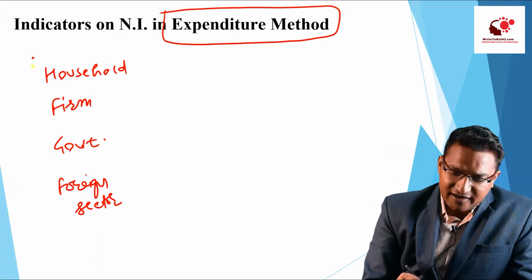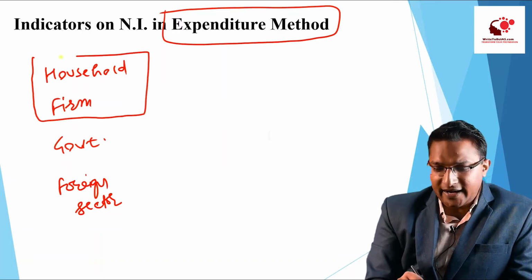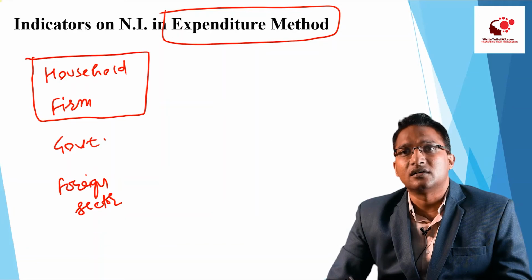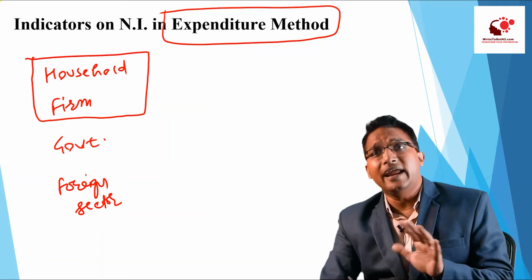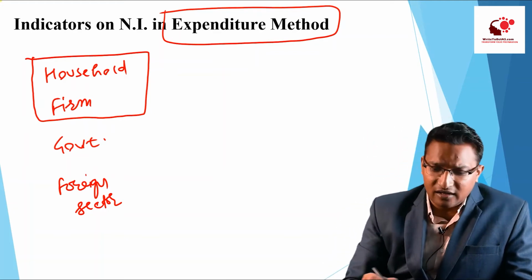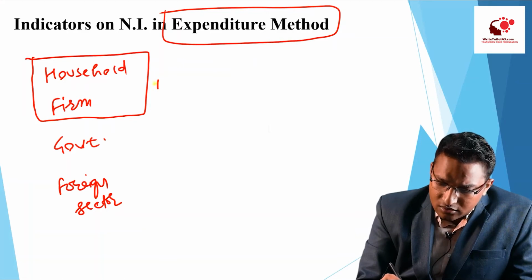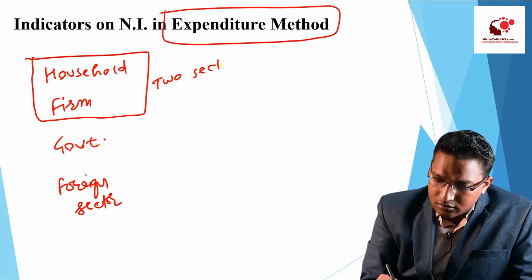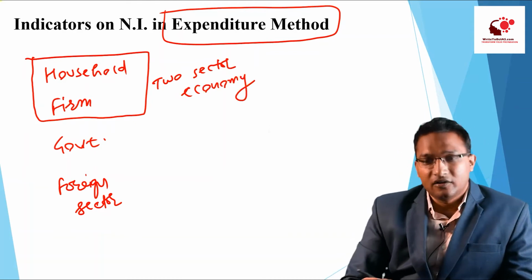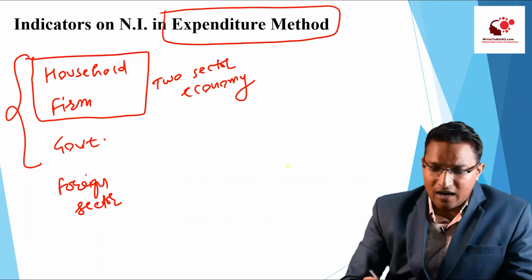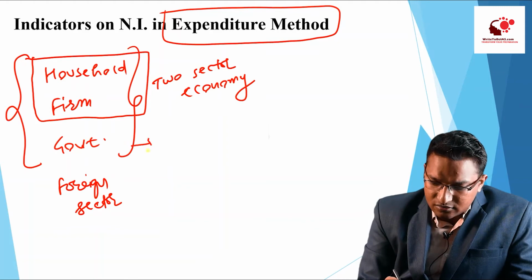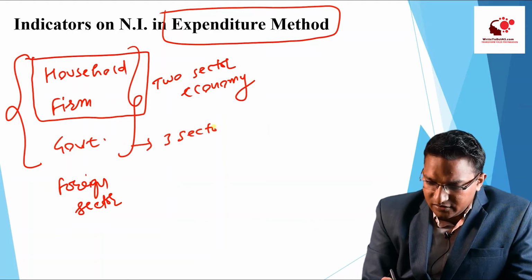When we see the economy only from the perspective of household and the firm, that is, we are actually calculating the income from just two perspectives, the income of household and firm. This is called two-sector economy. When we consider the government also, apart from household and firm, then this is called three-sector economy.